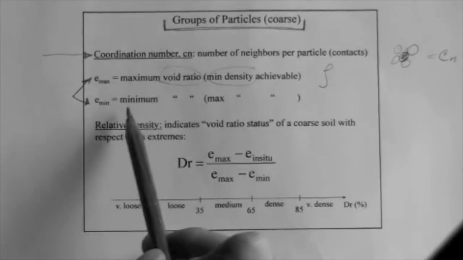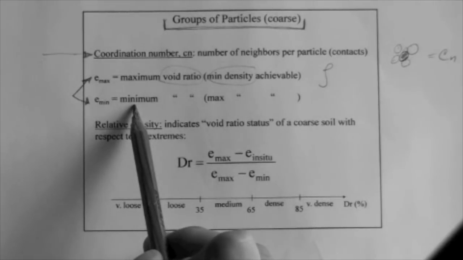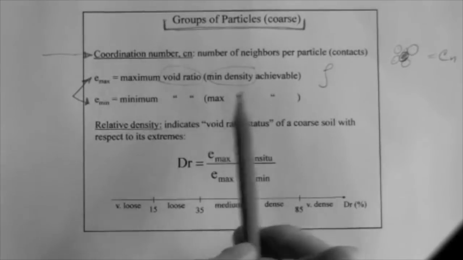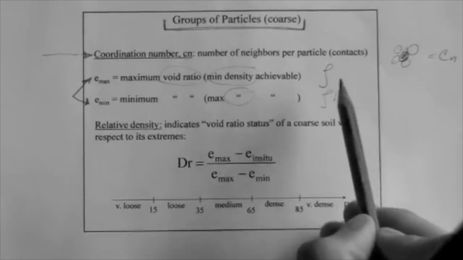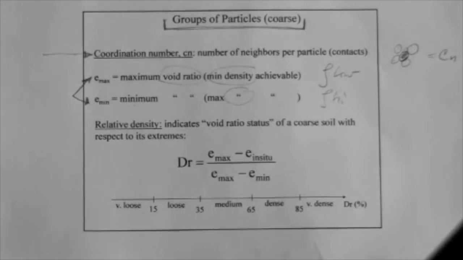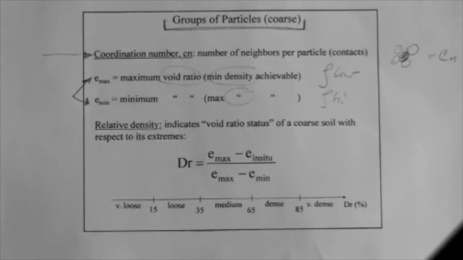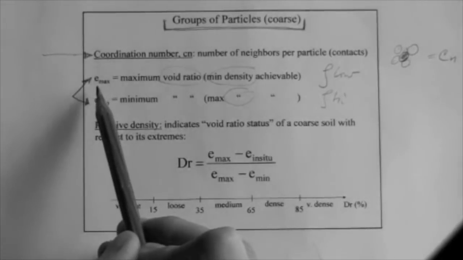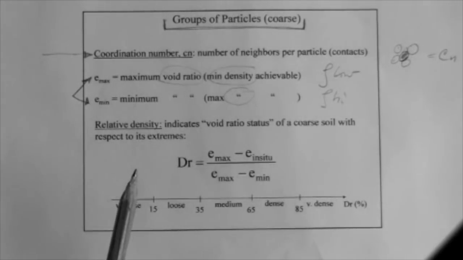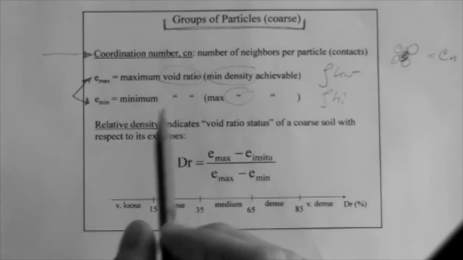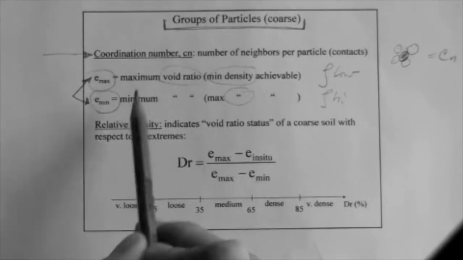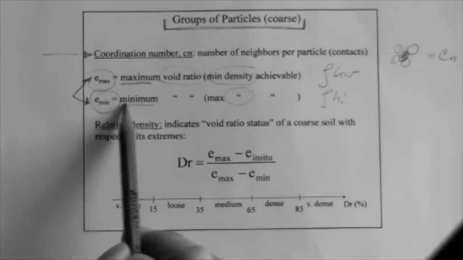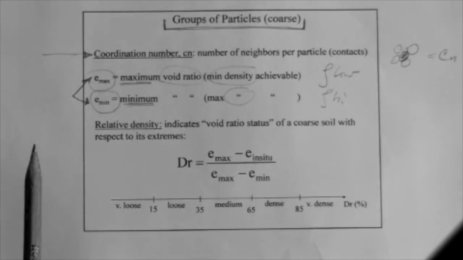If the soil has a low void ratio, meaning that the volume of voids over the volume of solids is low, then the soil has a high density. Low and high are more qualitative terms, but Emax and Emin correspond to the maximum possible and the minimum possible void ratios for a soil.